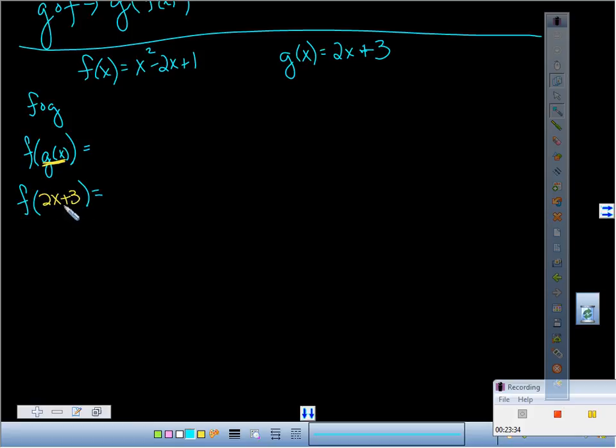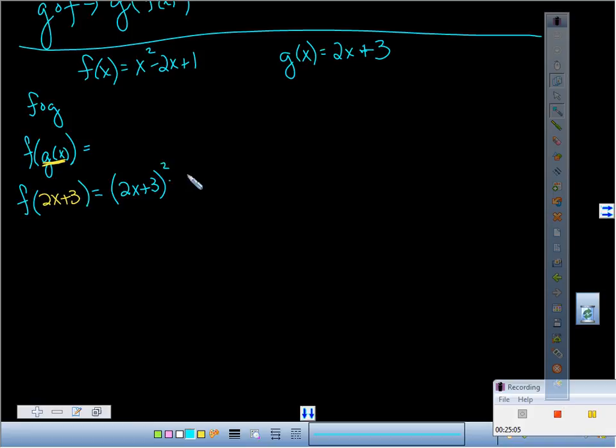What you do to one side, you have to do to the other. So guys, listen to me. If I put 2X plus 3 in place of this X, what do I have to do over here? Put 2X plus 3 in place of every X. So we do F of X. There you go. So there's an X. What am I supposed to put? 2X plus 3. Perfect.